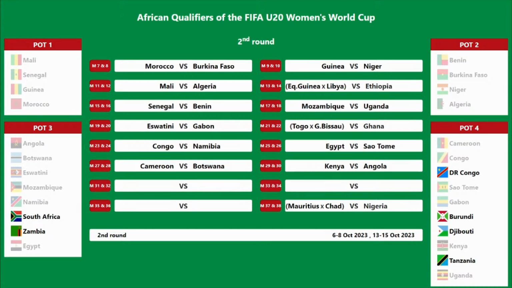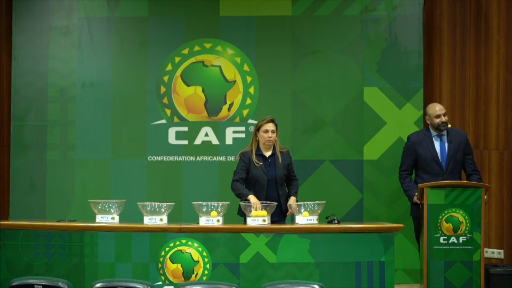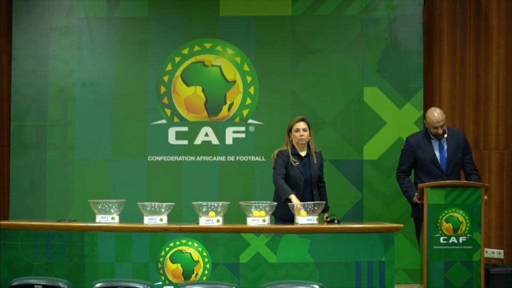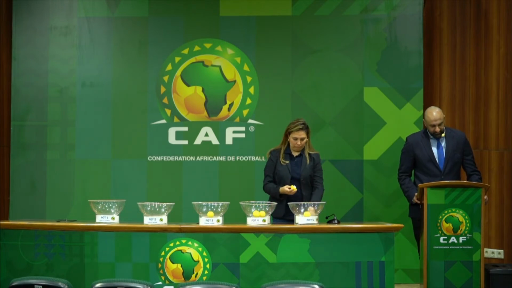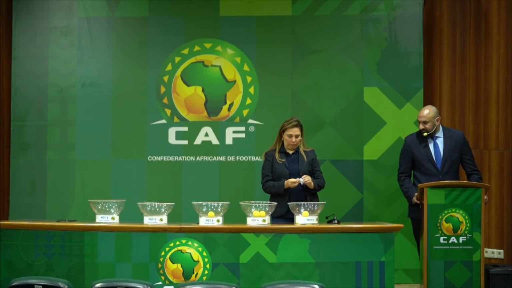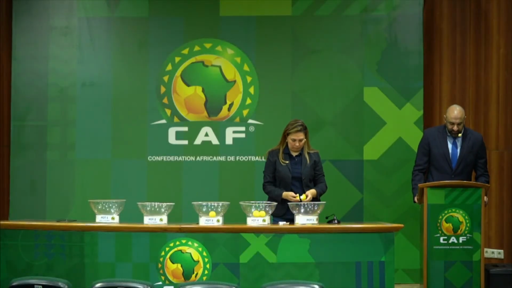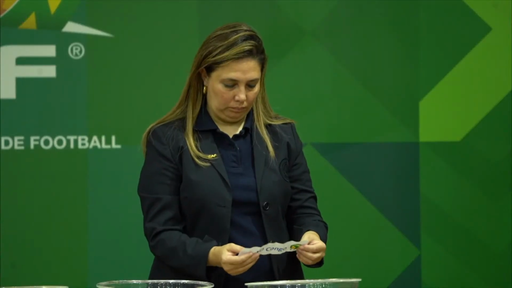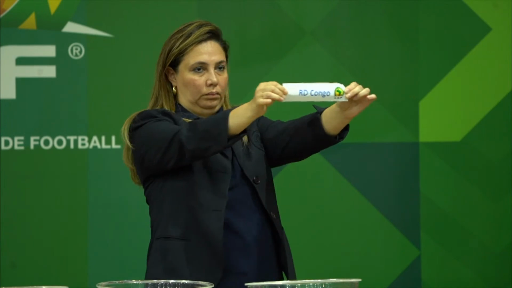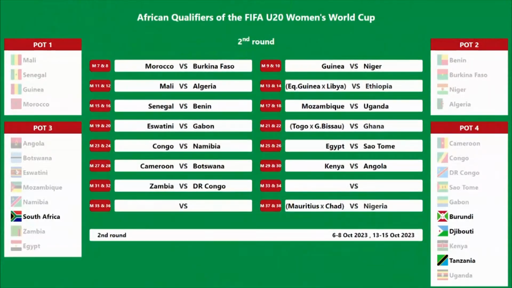Next one from pot 3. Zambia was eliminated from the second round of the previous qualifiers, and they will play against DR Congo. DR Congo, also eliminated from the second round of the previous edition.